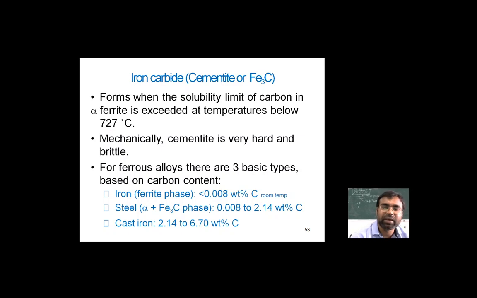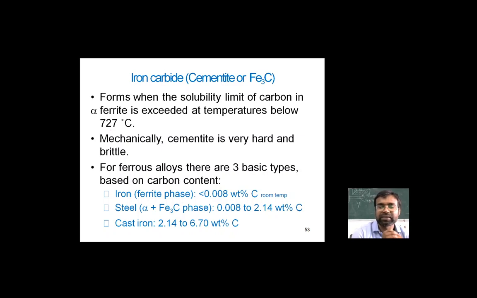In ferrous alloys, there are three basic types. The first is iron, which is the ferrite phase, with less than 0.008 weight percentage of carbon at room temperature. Then steel, the alpha plus cementite phase, ranging from 0.008 to 2.14, covering medium and high carbon steel.